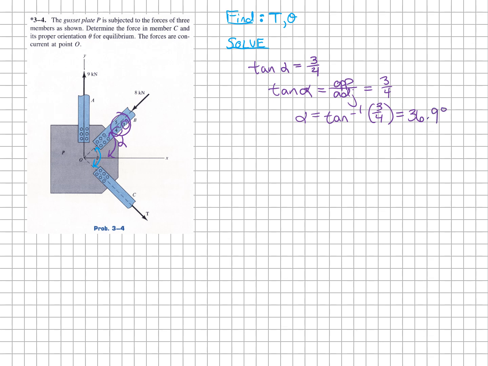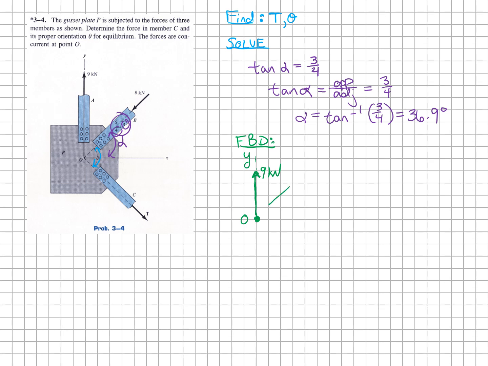So we needed that angle, and now we will draw a free body diagram of our system. We have our point, everything's concurrent on the point here, O. We have a 9 kilonewton force straight up in the y direction.